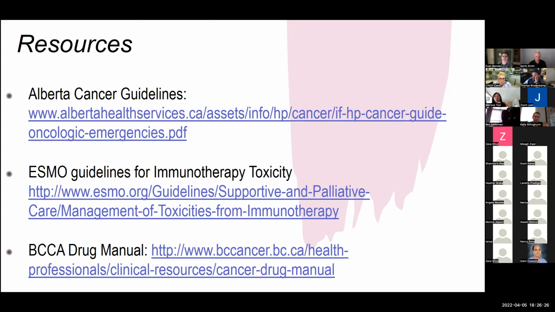The European Society of Medical Oncology have come up with these amazing guidelines that have these beautiful algorithms that tell you, if somebody's having 10 bowel movements a day, that's a grade 3 colitis, and these are the pathways that you should take. These are the investigations and that sort of thing. The other really helpful resource is the BC Cancer Agency Drug Manual.